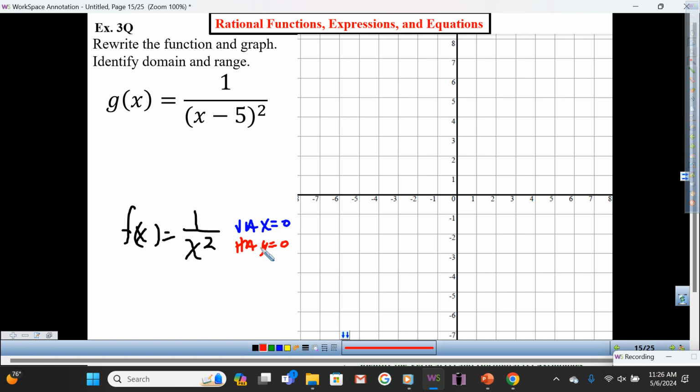So our VA is x equals 0, HA y equals 0, so y equals 0 is right there. X equals 0.